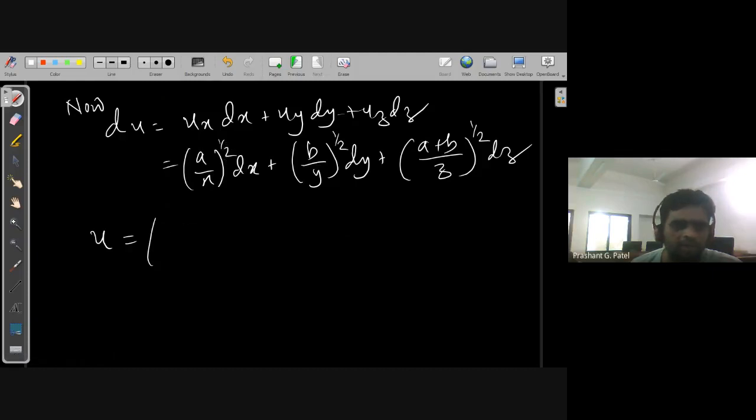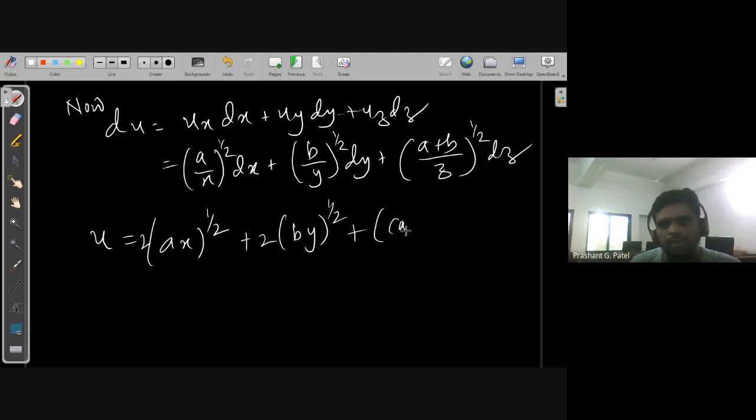So it gives me a x raised to 1 by 2 into 2, plus b y raised to 1 by 2 into 2, plus (a plus b) z raised to 1 by 2 into 2, plus some constant c. So this is the value of u we'll have.